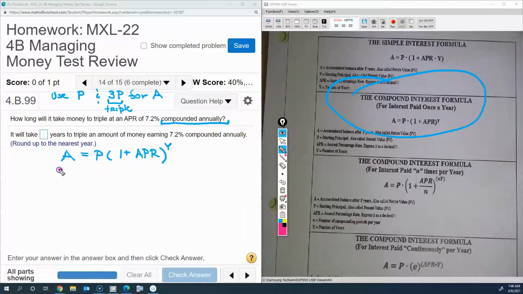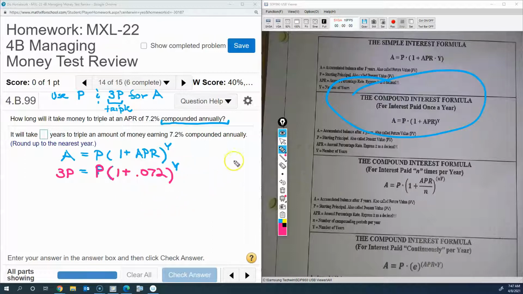Okay, so for A, I'm going to put in 3 times P. Plus 0.072, and now I don't know what y is.